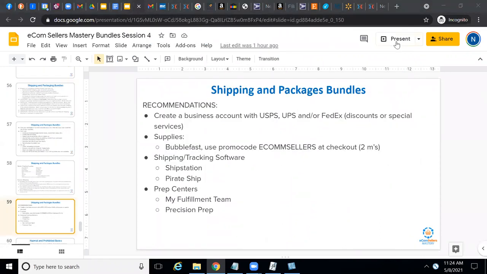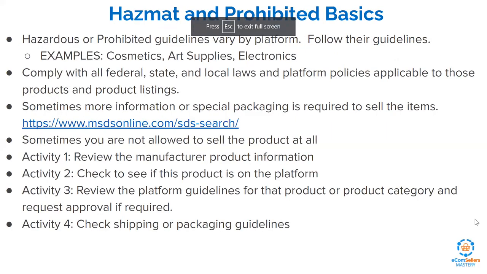All right. So the next thing is talking about hazmat. Prohibited guidelines are going to vary for each platform. It's things like cosmetics or art supplies or electronics, and there's a bunch more, like pesticides and all this other stuff.